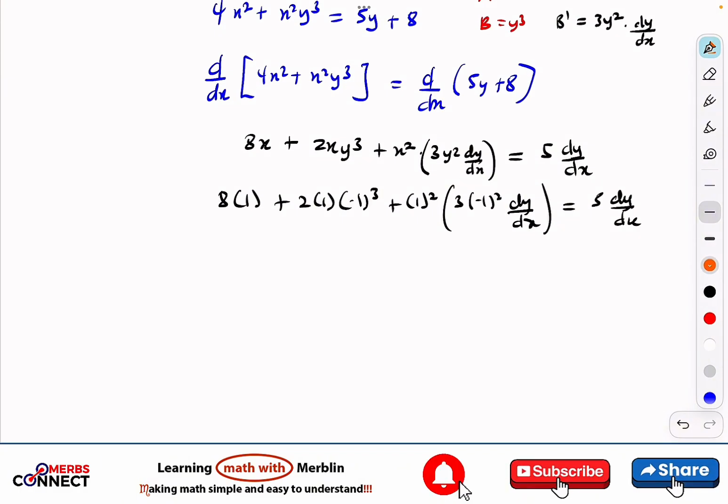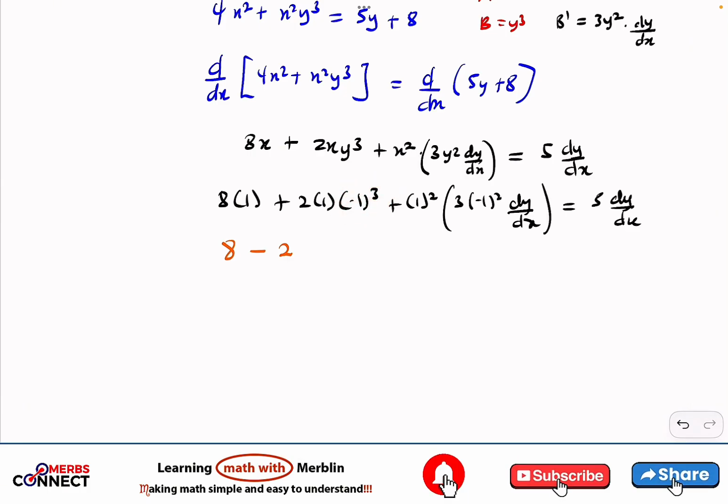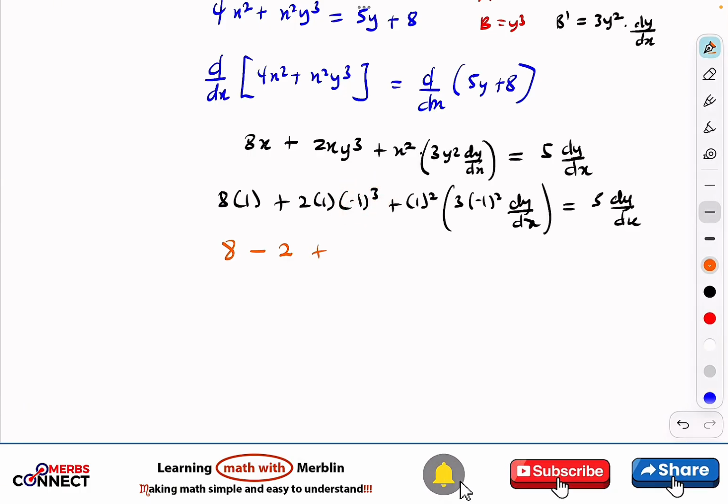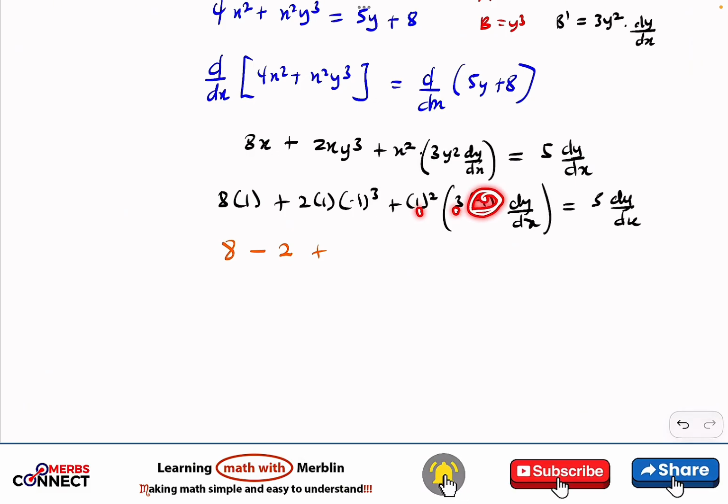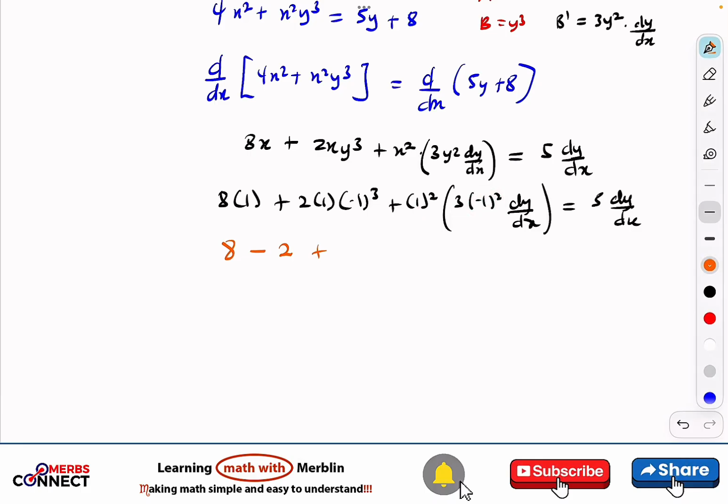Let's simplify this. This is 8 minus 2, because minus 1 to the power 3 is minus, plus this is going to give us 1, 3, 1. So this is going to give us 3 dy over dx, which is equal to 5 dy over dx.